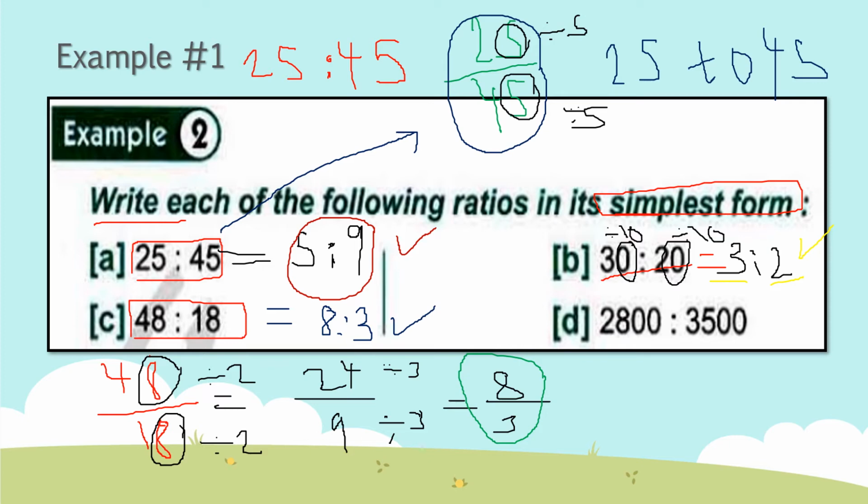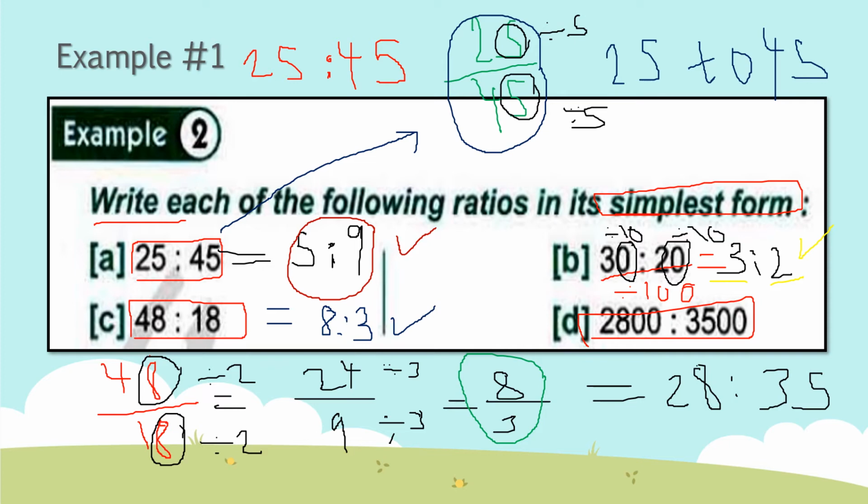So this one is a little harder because it's a bigger number, but we can do it. So 2,800 to 3,500. We can easily divide these by 100 because they both have 2 zeros at the end. So when we divide 2,800 by 100, it's going to be 28. And when we divide 3,500 by 100, it's going to be 35.